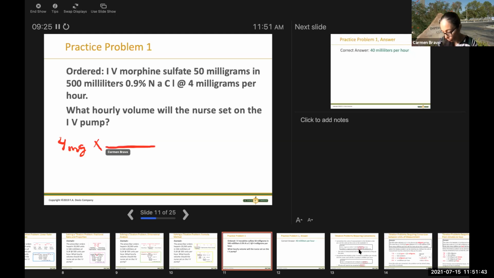Then in my conversion, at the top I'm going to have the total volume, which is in mLs, and at the bottom the total drug. This is the hourly drug.